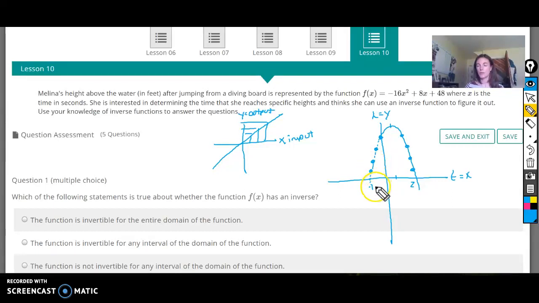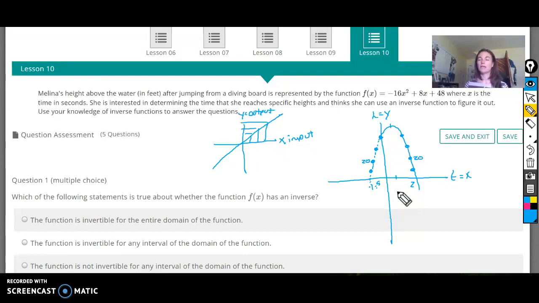And negative 0.5, I might be at 20 feet, but I also might be at 20 feet at 1.75 seconds. I'm not sure of those exactly, but what I'm just trying to demonstrate is that this symmetric parabola has a lot of matching outputs. Like, with the exception of the vertex, there is a matching output point on each side of that parabola.